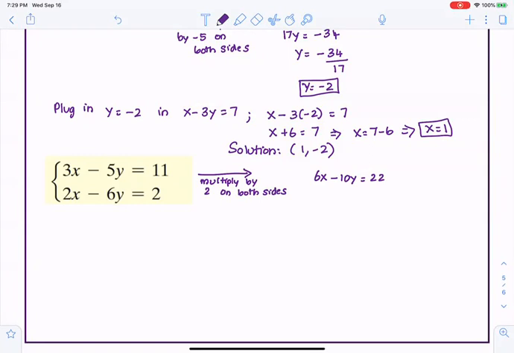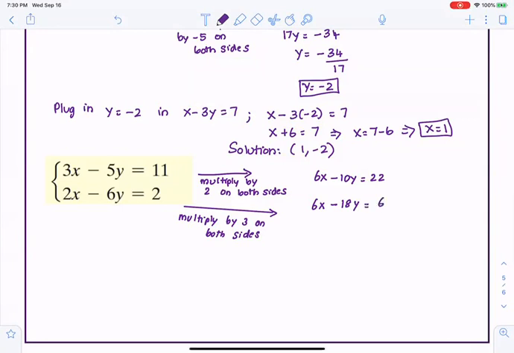Now I want to multiply the second equation by some number so that I get 6x. If I multiplied the second equation by 3 on both sides, 3 times 2x is 6x. 3 times -6y is -18y. 3 times 2 is 6.